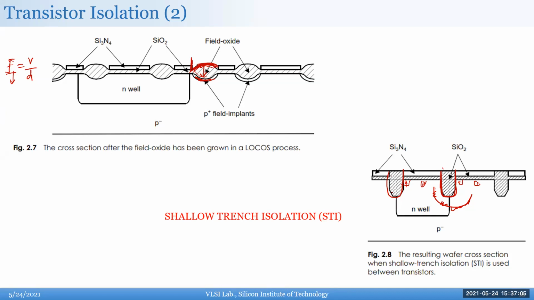So when you design this, you want to make sure that your devices are substantially away from the shallow trench isolation. Otherwise, when it comes back, it may not meet your model parameters.